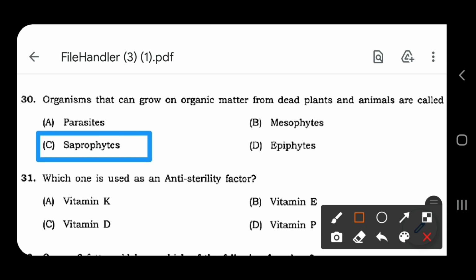Here parasites depend on the host. Mesophytes are the plants needing only a moderate amount of water, and epiphytes are the plants that grow on the surface of another plant.